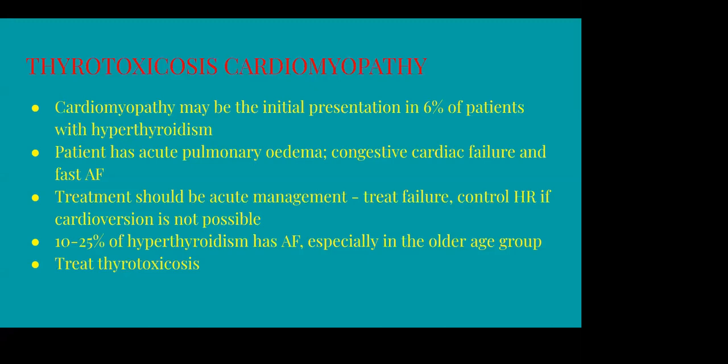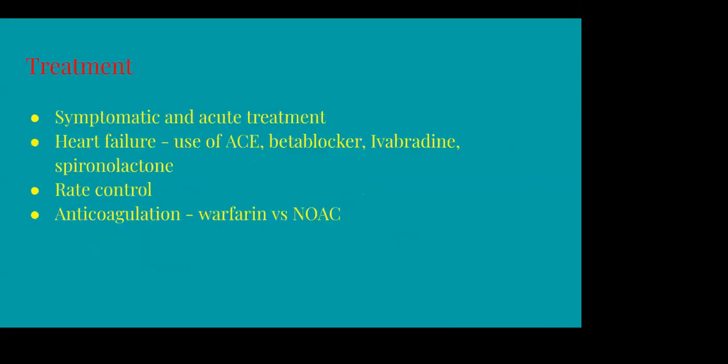And then, of course, we must treat the thyrotoxicosis. So symptomatic treatment and acute treatment. Heart failure, okay, what do we use? Because we want to treat the rate of the atrial fibrillation. So Jared asked whether we should treat the patient with an ACE inhibitor.